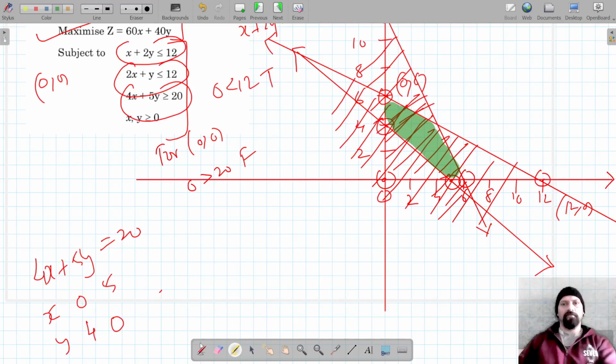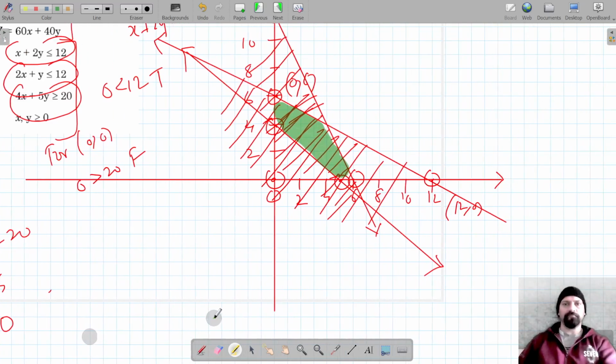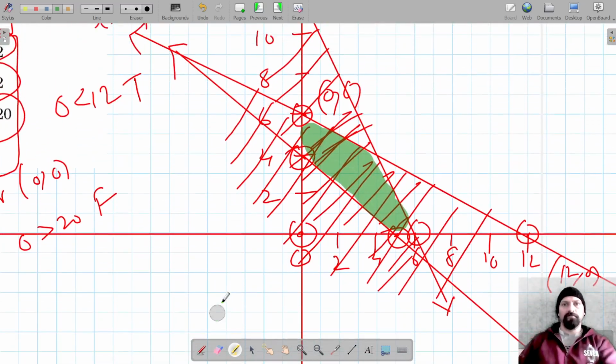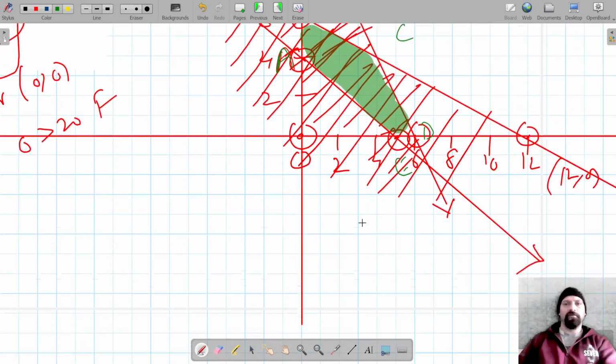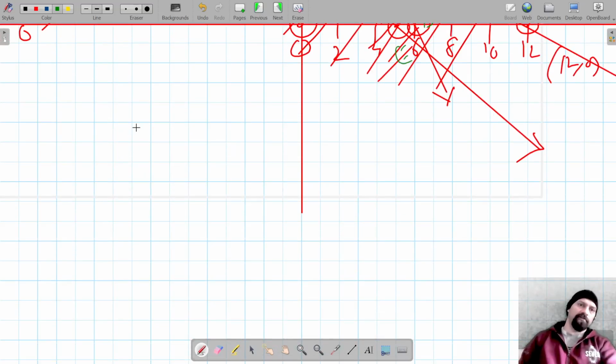Let's say its corner points are, so I'm going to write down its corner points. Let this be point A, this be point B, this be C, and this be D and E. So actually I have five corner points.